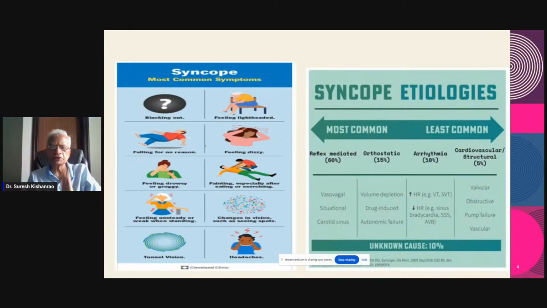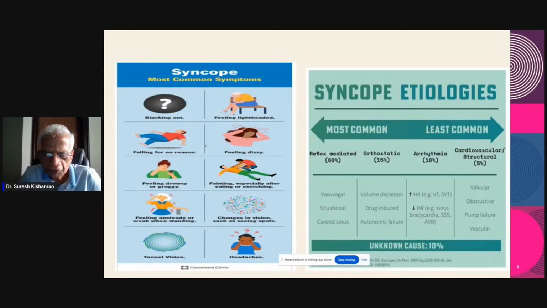As already discussed, the second portion of this slide summarizes the etiologies. The most common are the reflex or neuron mediated, which cause about 60% of the total episodes. In this, we get three categories: vasovagal, situational, and carotid sinus problems, followed by orthostatic hypotension, which basically occurs due to volume depletion, sometimes drug induced or autonomic failure.